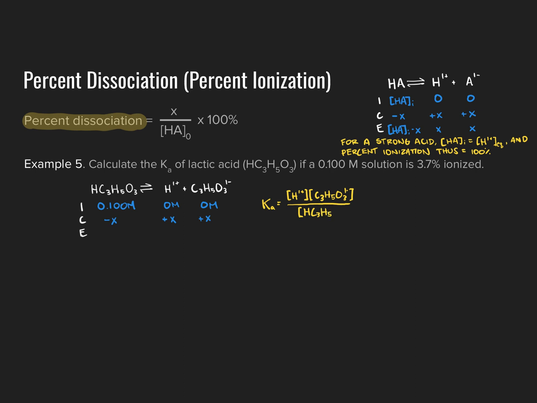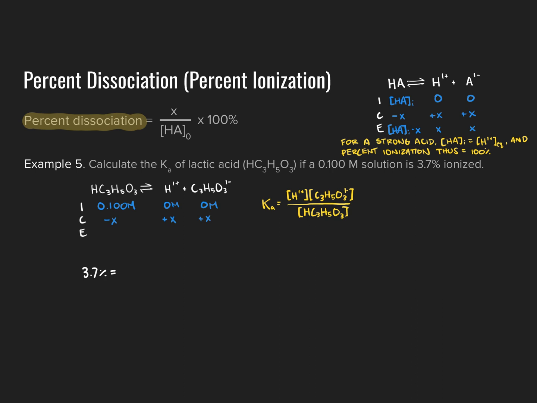Now, let's pause for a moment and take a look at the other piece of information which they've provided us in this problem. They have told us that the percent ionization of our lactic acid is 3.7%, which again means that 3.7% of the initial nominal concentration of lactic acid has undergone dissociation into its component ions, which really means, therefore, that the X value, when expressed as a percentage of the initial concentration, is going to yield us a value of 3.7%.